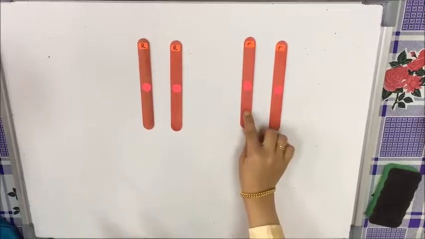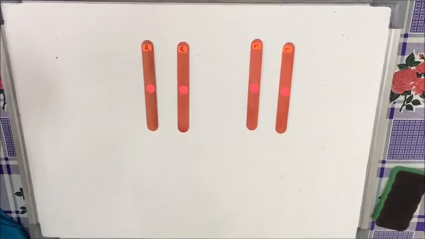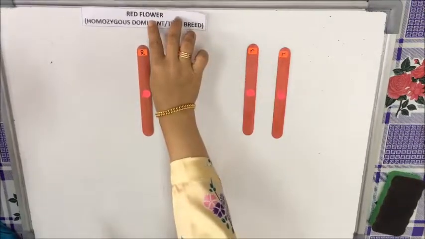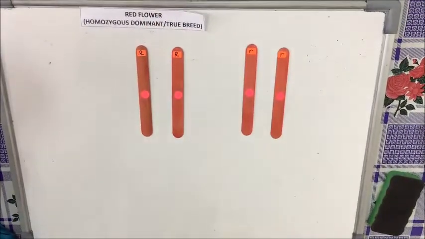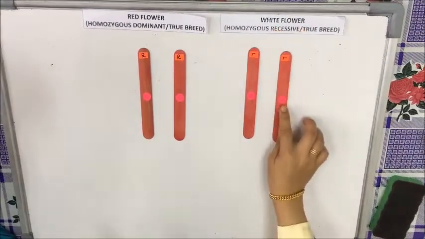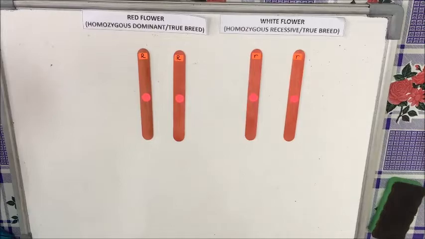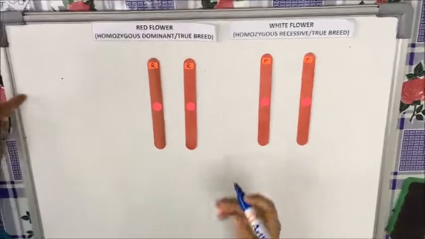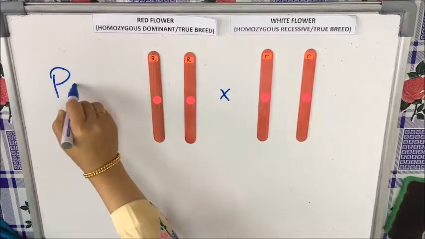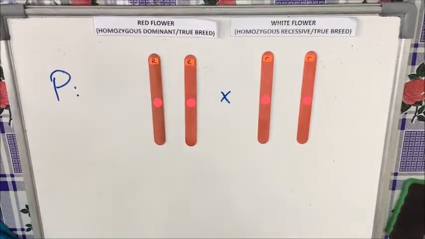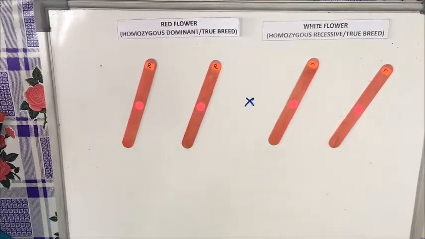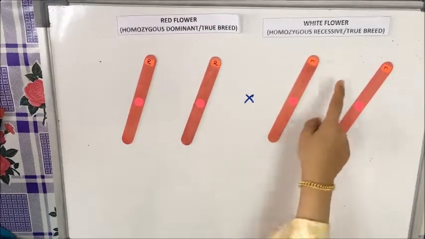For example, when a homozygous dominant red true-breeding plant is crossed with a homozygous recessive white true-breeding plant. A homozygous red parent is crossed with a homozygous white parent.